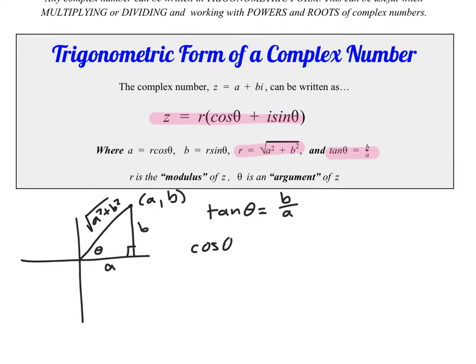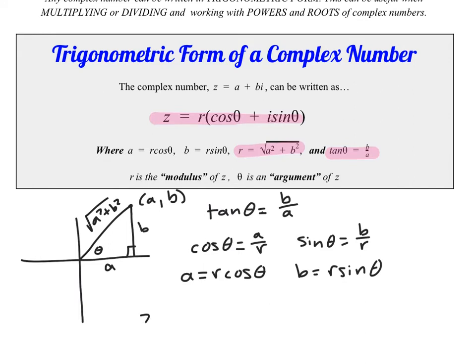We can say that the cosine of theta is a over r, which is our hypotenuse. So a is just r cosine of theta. And we could also say that the sine of theta is b over r. So b is r sine theta.